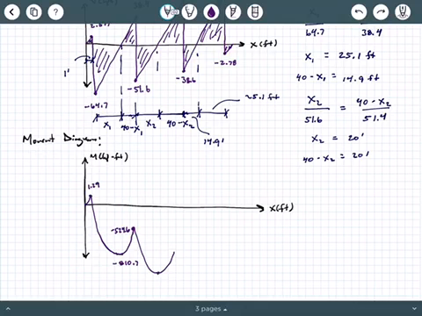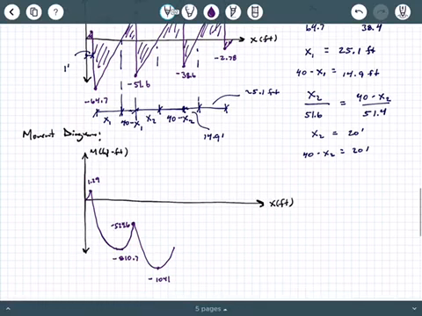It's going to be swinging me down symmetrically, technically, to a negative 1041 kip feet. And then it's going to swing me back up by the same area, so plus 1/2 times 51.4 feet times 20 feet. Again, that theoretically should be symmetrical in that middle span due to the symmetry of our column loading.